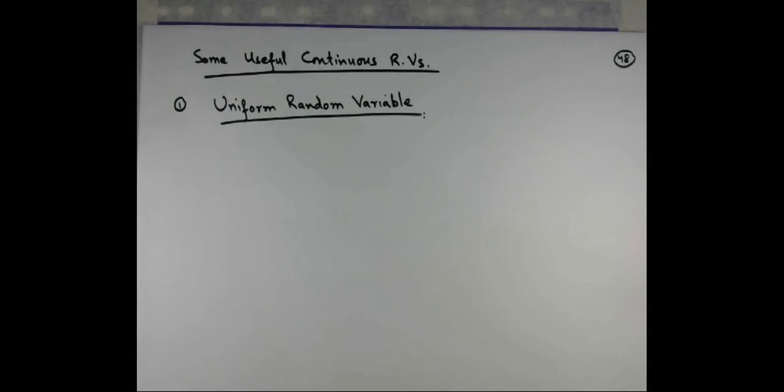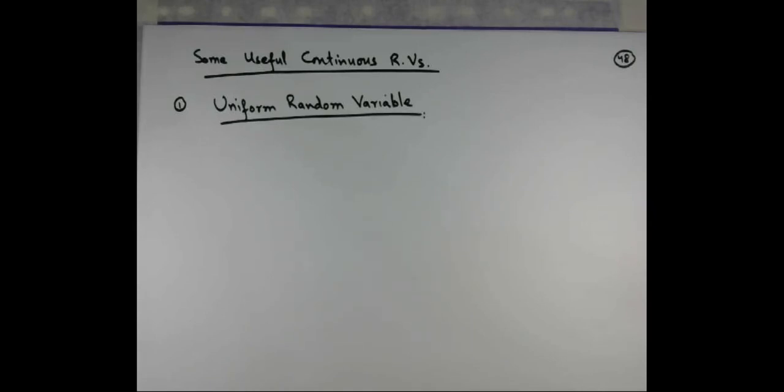If you recall, we also had a discrete uniform random variable, and the concept there was that each value of that discrete uniform random variable had the same probability.